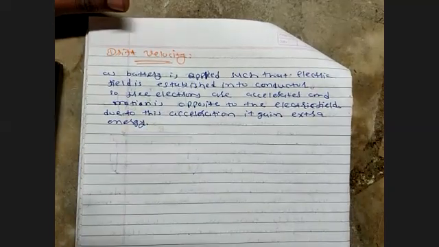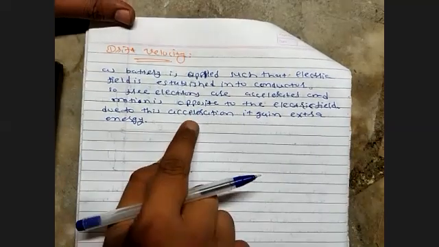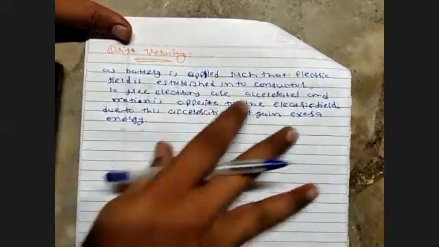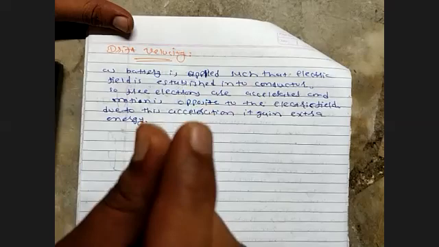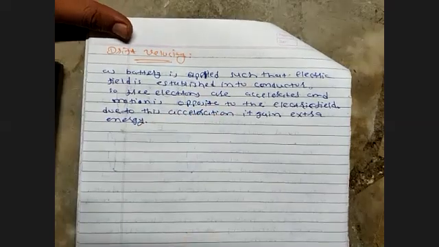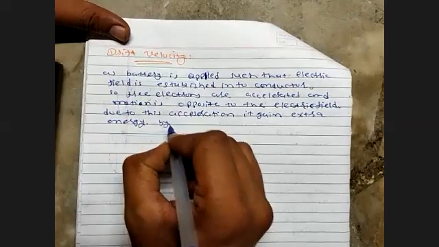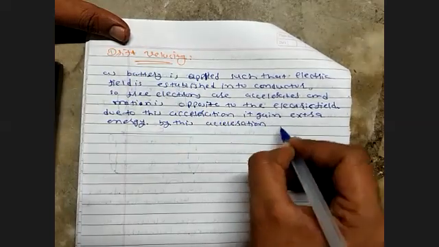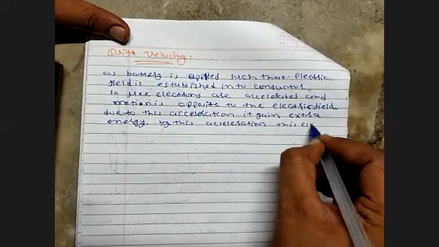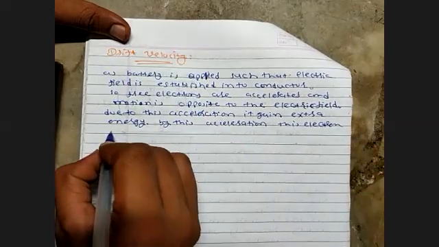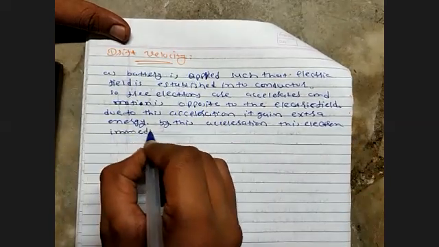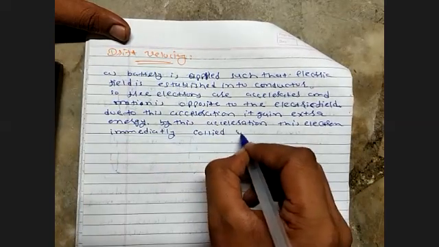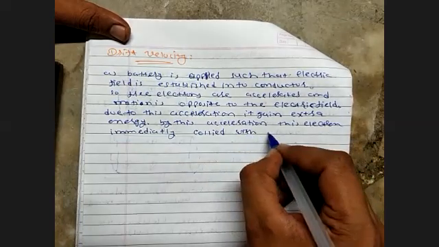But what happens here? By this acceleration, these electrons immediately collide with the positive charge which resides at the lattice point.